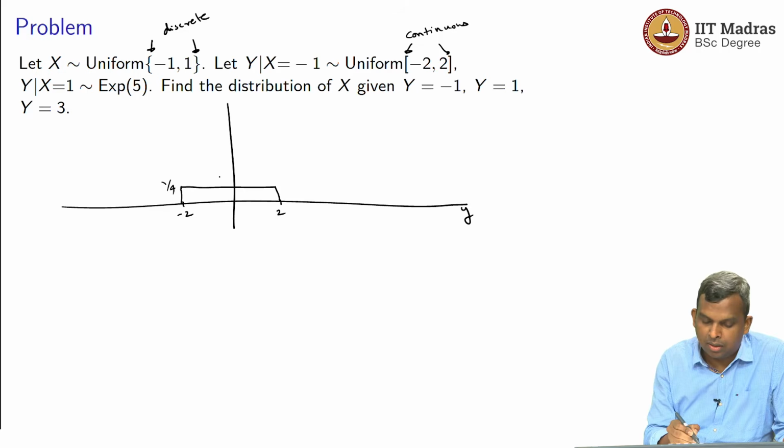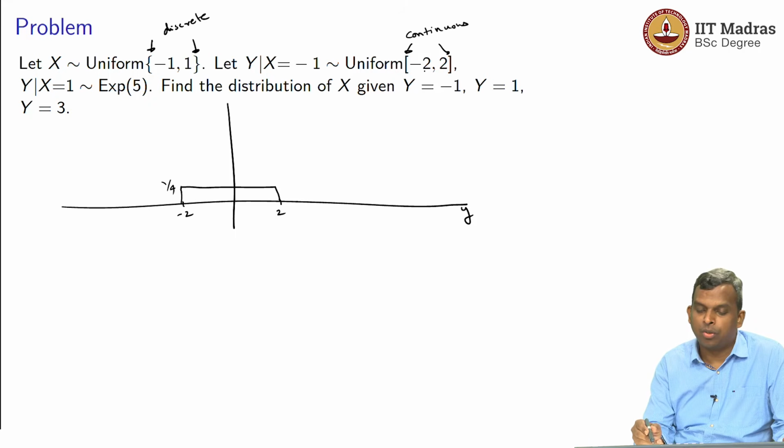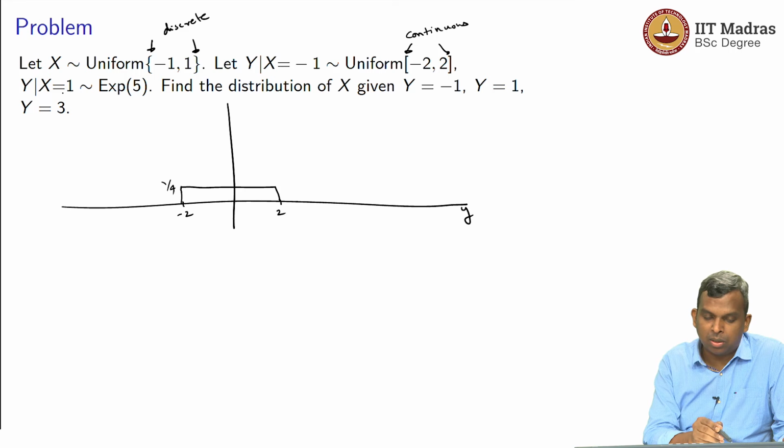So this is the conditional uniform -2 to 2, and then you have the conditional y given x equals +1, and that is exponential 5. So what is the density of exponential 5? It's 5 e power minus 5x. That's lambda e power minus lambda x, the density.